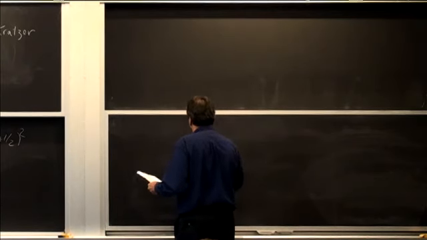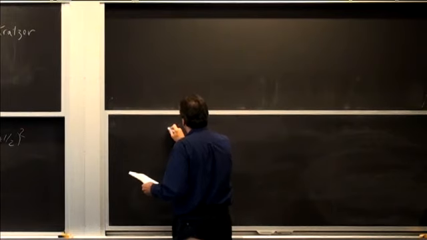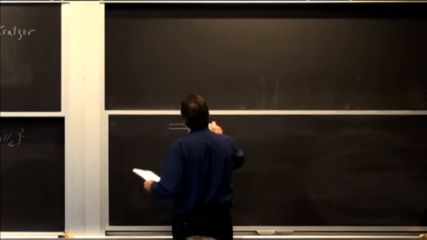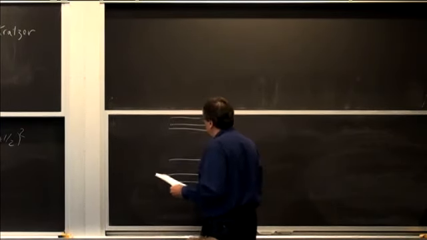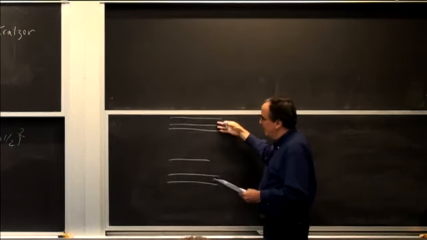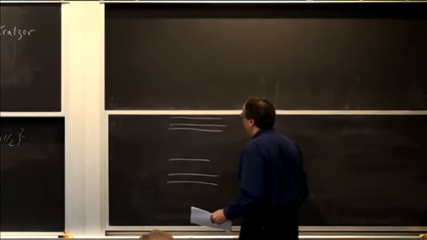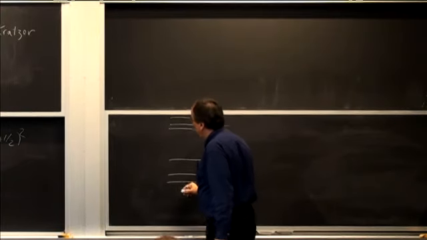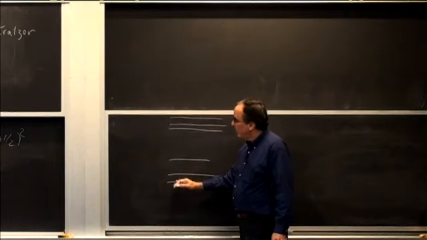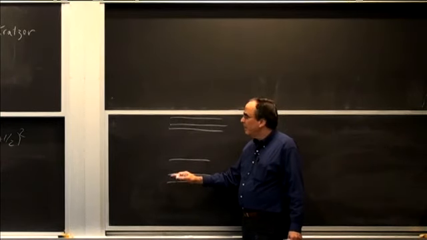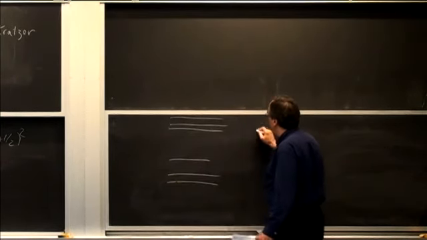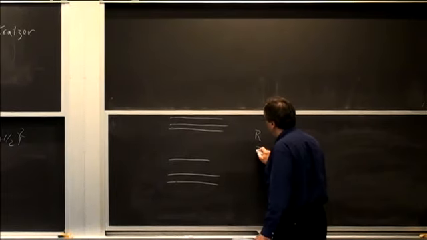We have the rotational manifold and a big step in vibrational energy. So here's one vibrational level, here's the next, almost identical. And what we would like to know is what kind of branches you have. You have R branches and P branches.